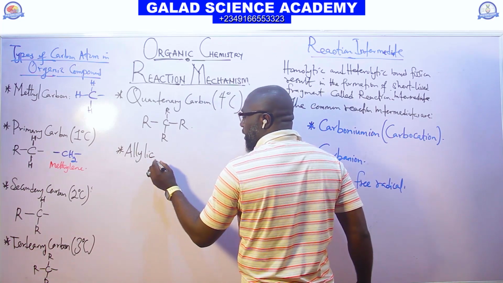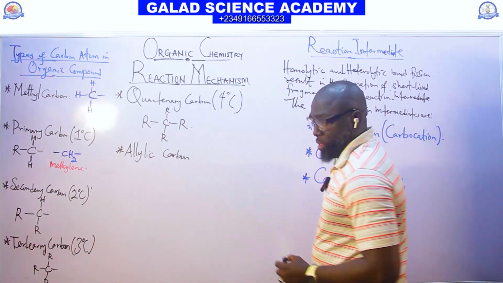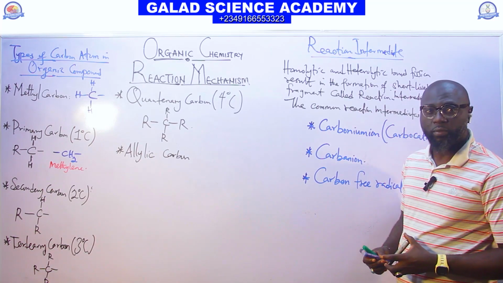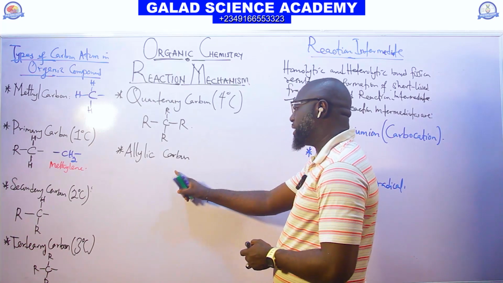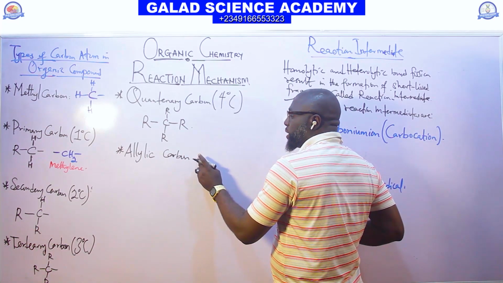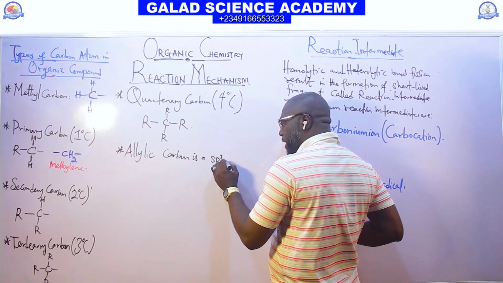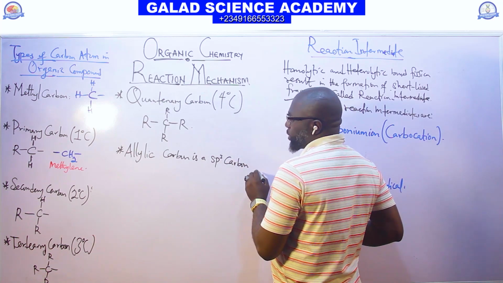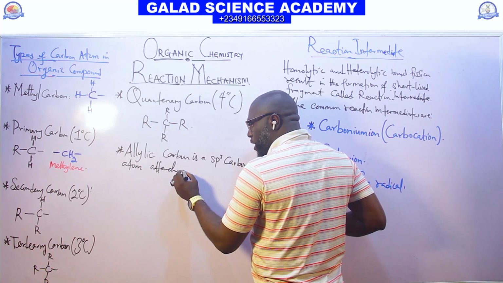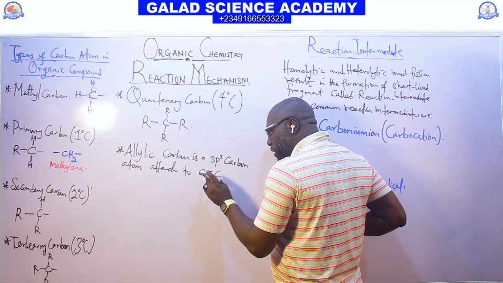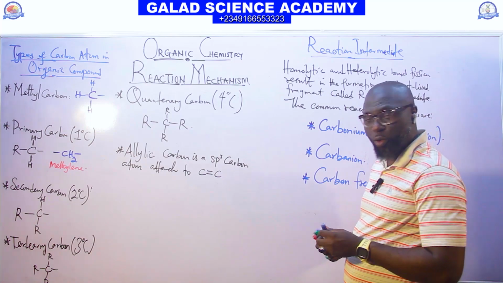And the next one we have is the allylic carbon. An allylic carbon is an sp3 carbon atom that is attached to a carbon-carbon double bond.